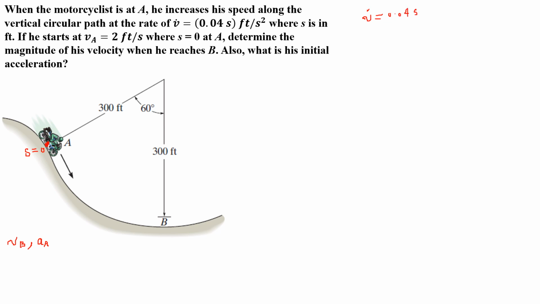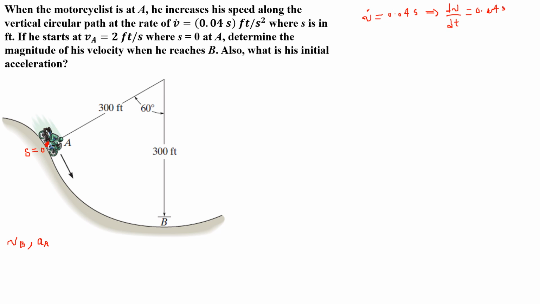Since we have s here, we need to choose the kinematic relation which has s. So v dot is dv over dt, equal to 0.04 s.